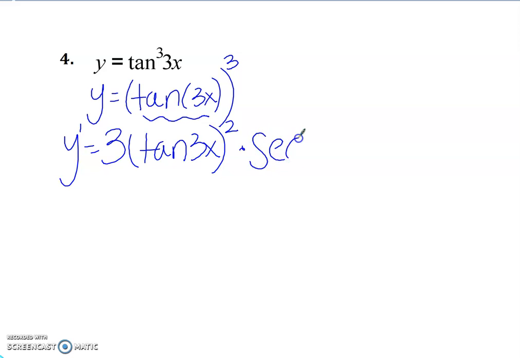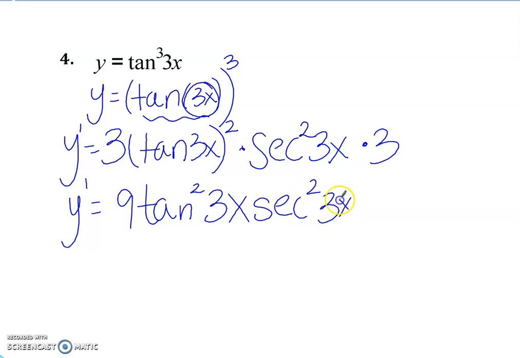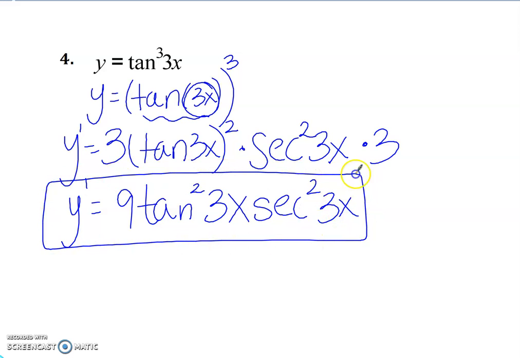So that's going to become secant squared 3x. Then I'm going to do the derivative of 3x, which is 3. Simplifying this down, that is 9 tangent squared 3x times secant squared 3x. Okay, that's number 4. So sometimes with the chain rule, we have to do multiple pieces.